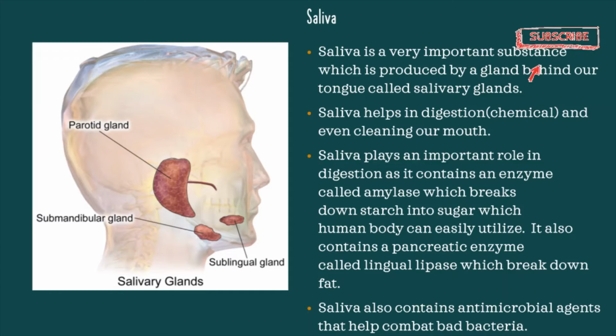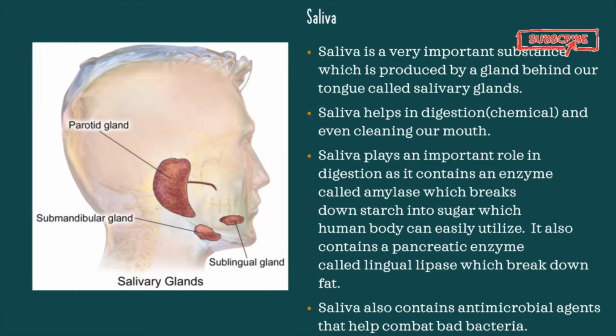You will learn more deeply about enzymes in the next class. Amylase is a type of enzyme which breaks down starch into sugar, which the human body can easily utilize. As you can see, saliva plays a very important role in digestion in the human body.